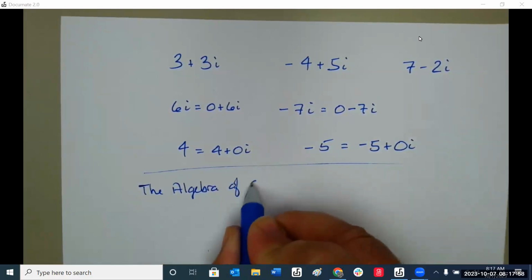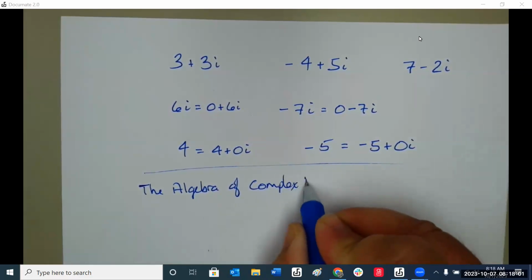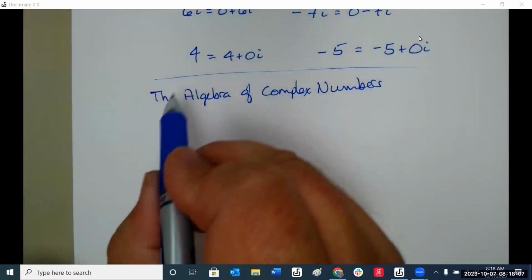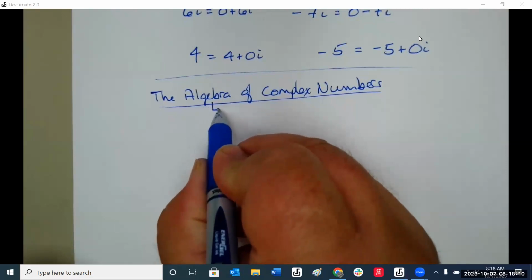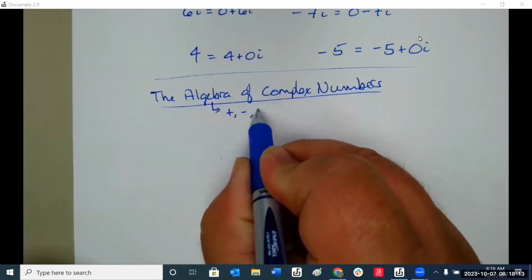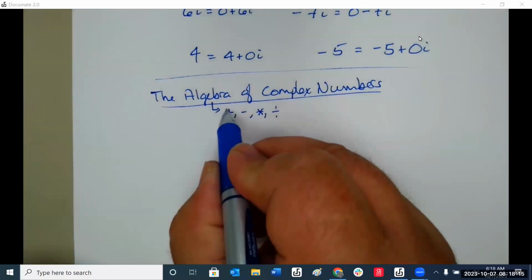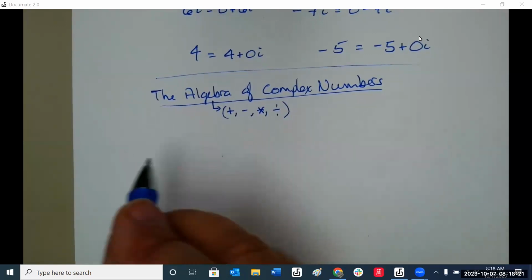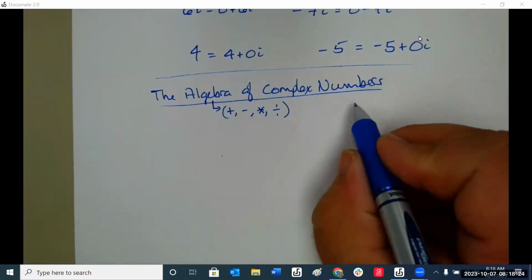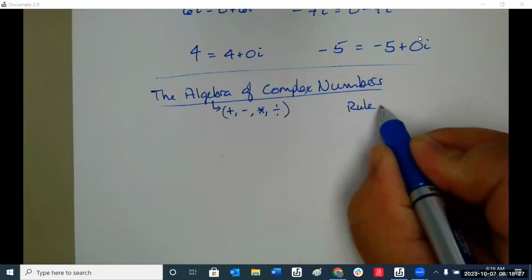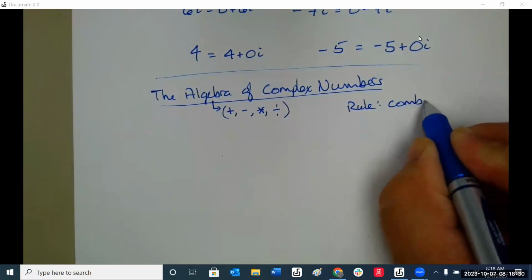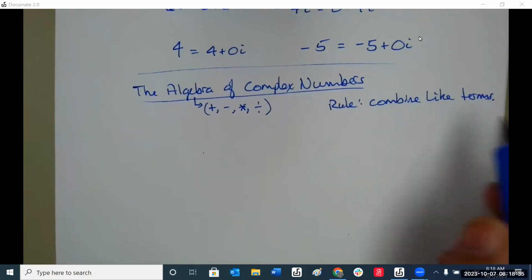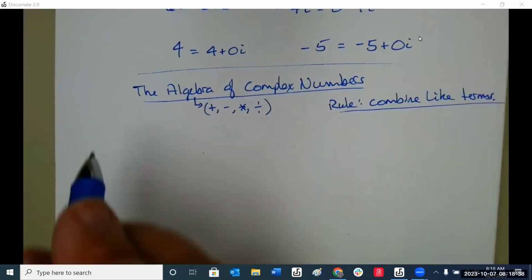The algebra of complex numbers. Remember, by algebra, we mean we can add, subtract, multiply, and divide them. And the rule here is combine like terms. We have to remember that.